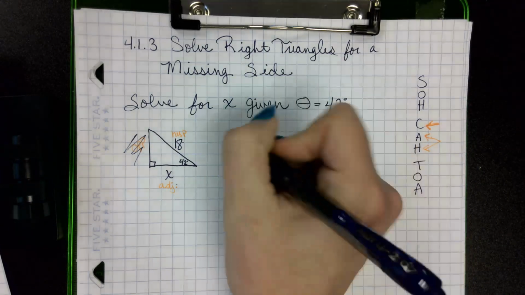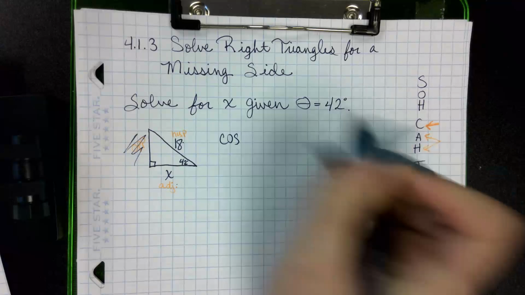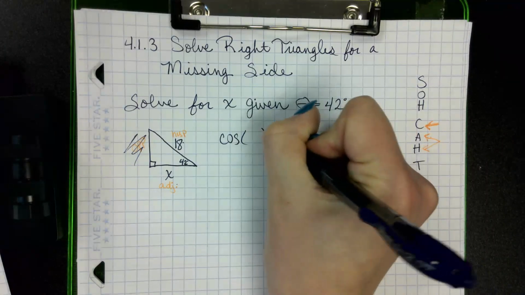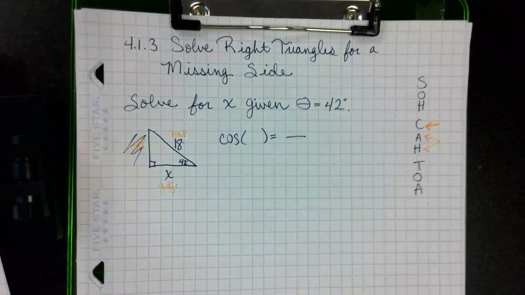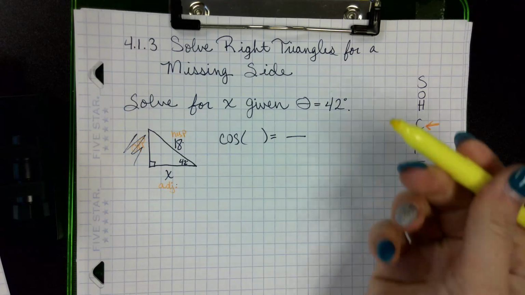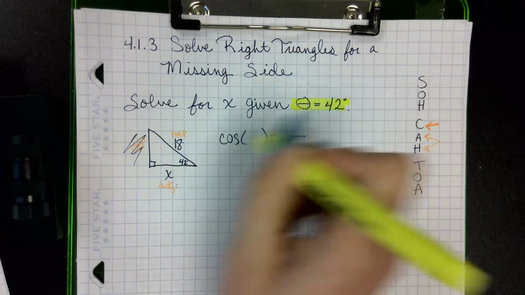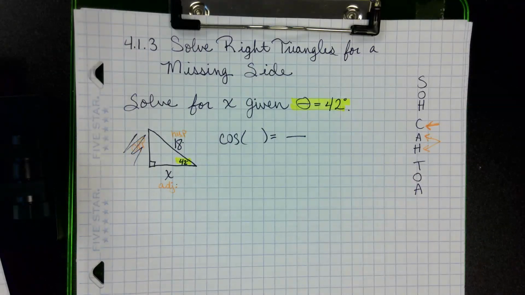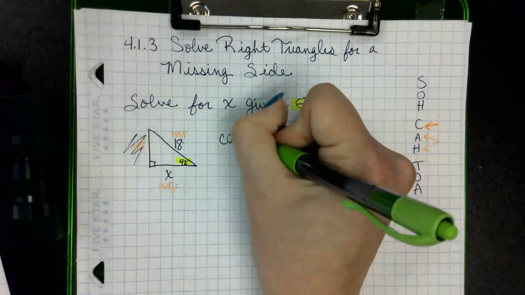So I'm going to set this up as the cosine of some angle equals a fraction. And I know the angle because it was given to me here and in the picture.